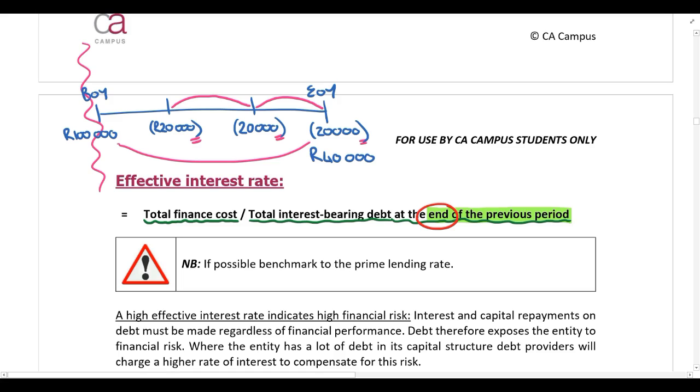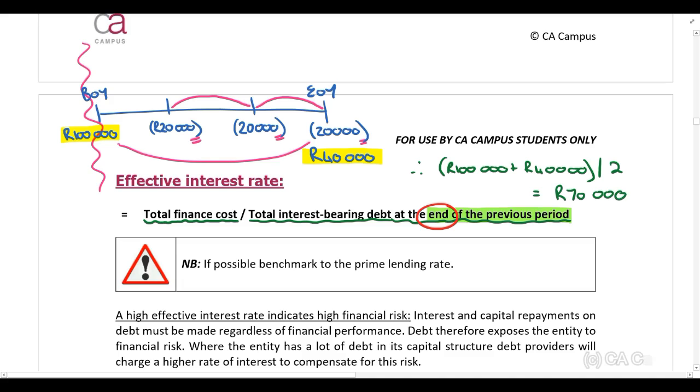And you calculate the average by taking the opening balance, adding the closing balance, and dividing by 2. So you would say 100,000 Rand plus 40,000 Rand divided by 2 gives me 70,000 Rand. And you would use an average.